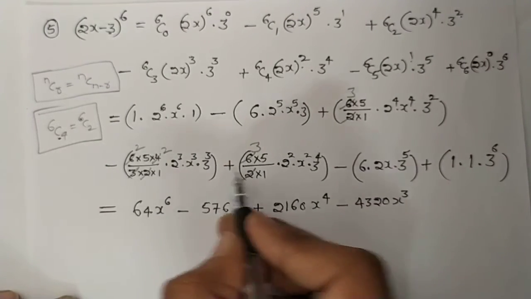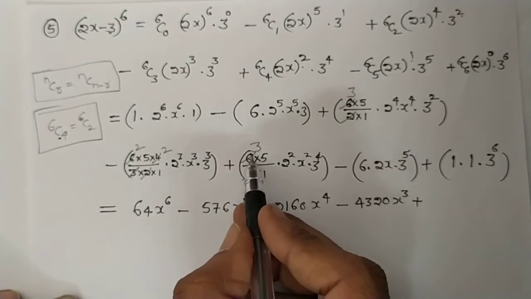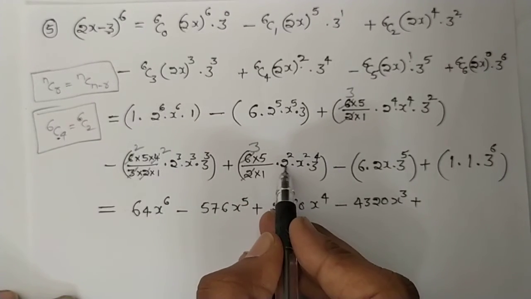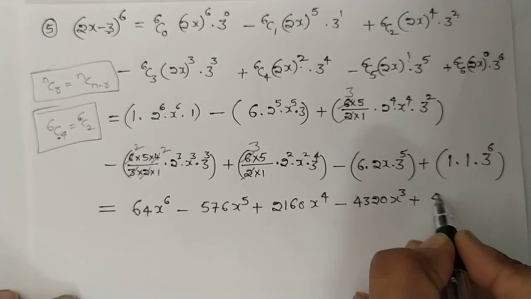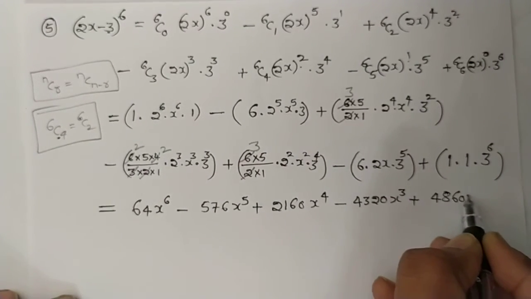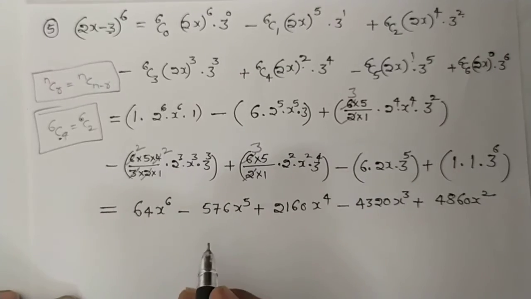Next plus 3 into 5 is 15, 15 into 2 square into 3 power 4 is 4860 x square.